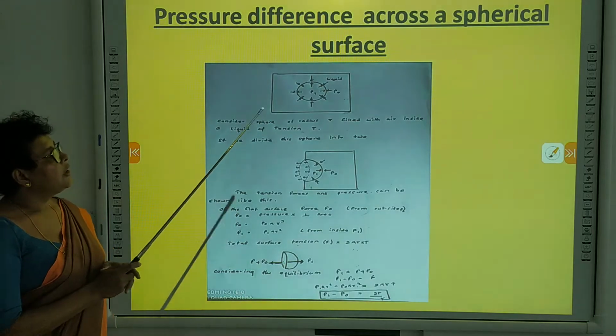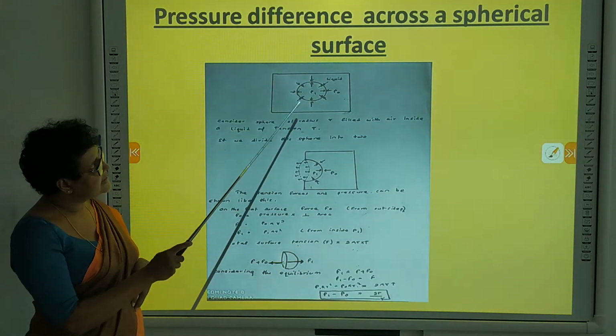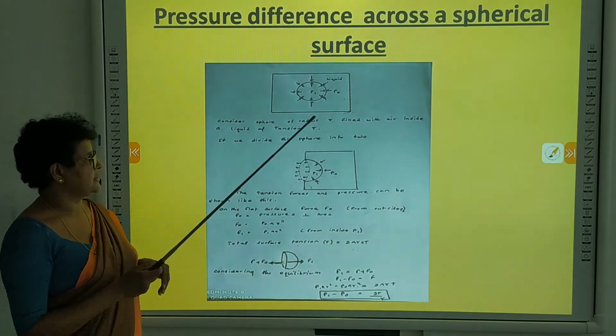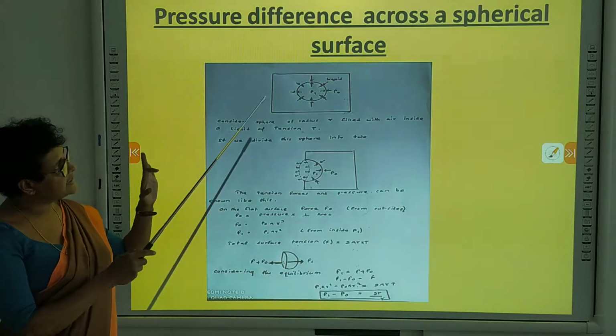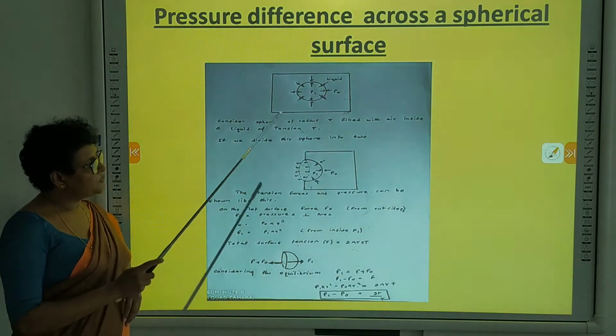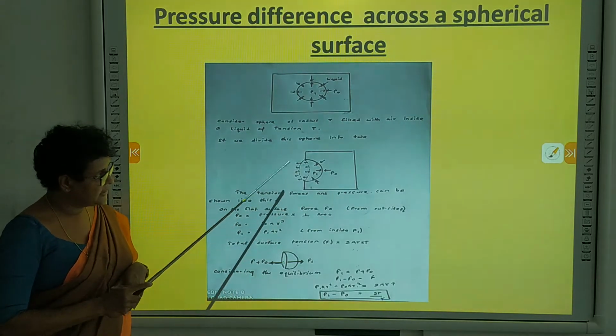Now, the forces are like this. The bubble inside gives a force like this, and the liquid outside gives a force like this, right? The surface tension of this liquid is T, right? Now, we are going to split this bubble into two. Now, this is half of the bubble. Consider this half.